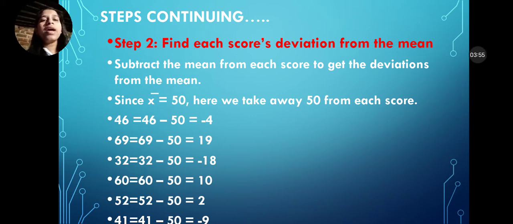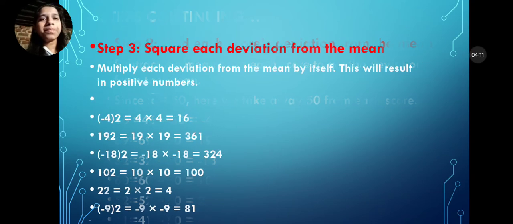So how do we get minus 4? Because 50 is the bigger number, the answer will get a minus sign. So this is the second step.